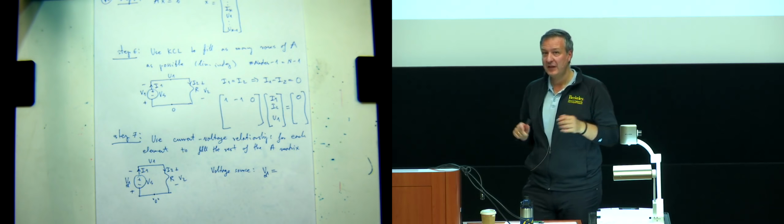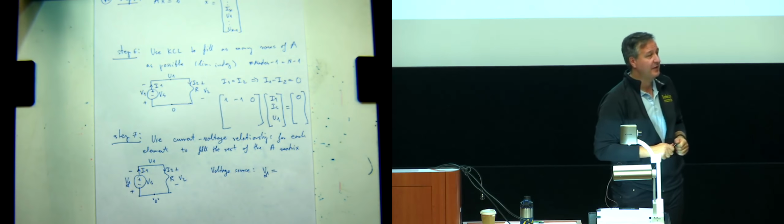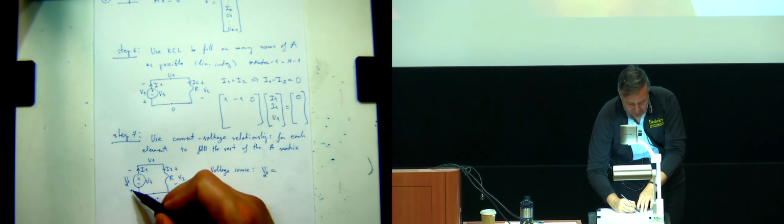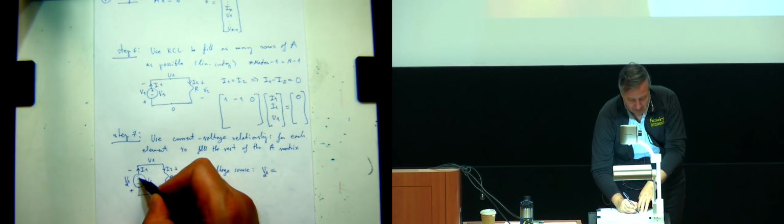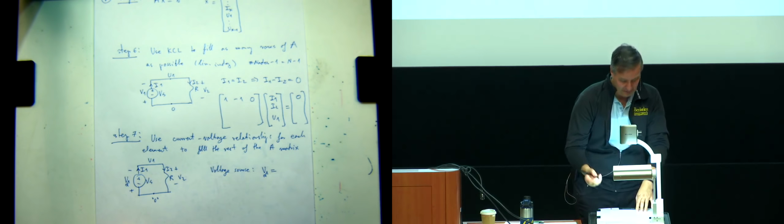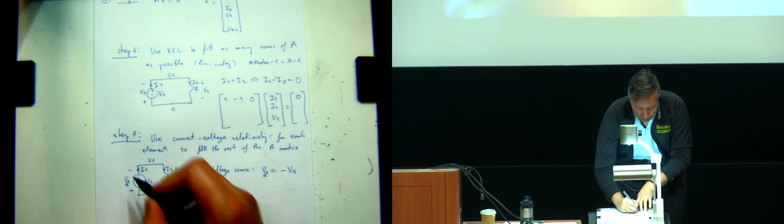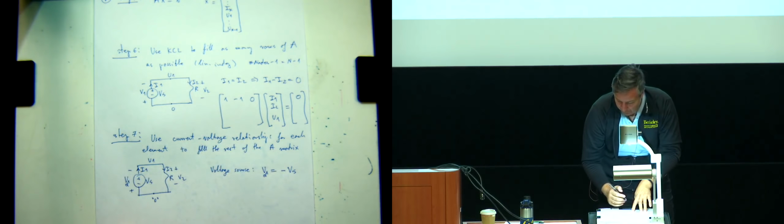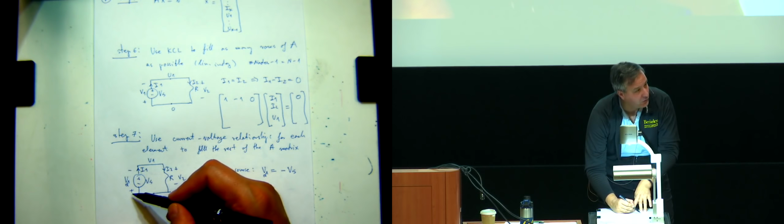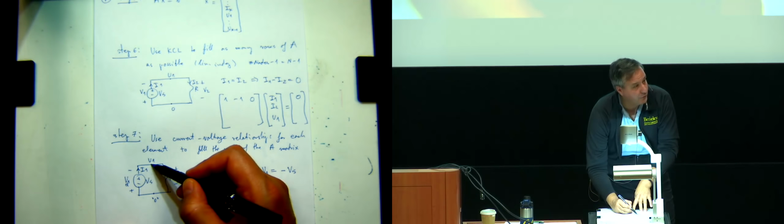Does everyone agree with that? Negative Vs, I'm hearing. Why do you think it's negative Vs? Yeah, we flipped. The definition said if this plus coincides with this, then V element is Vs. If not, it's the opposite, right? So it's actually minus Vs. You're right. But then also V element 1 tells me the voltage difference between this node and this node.